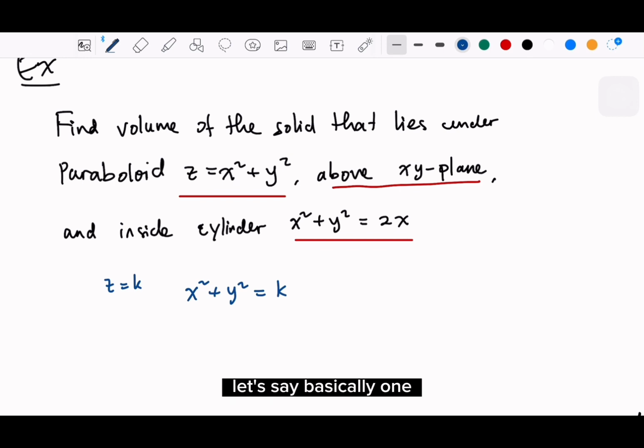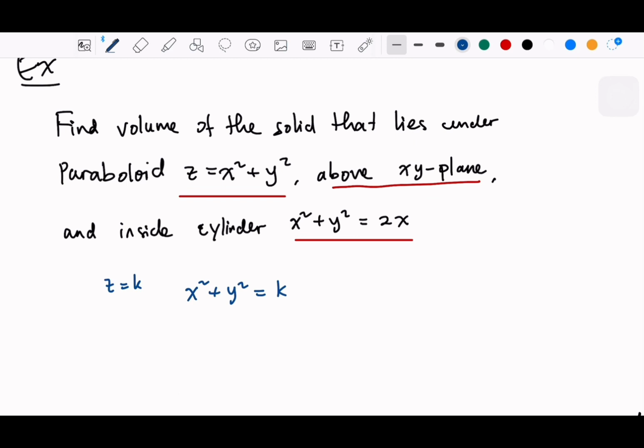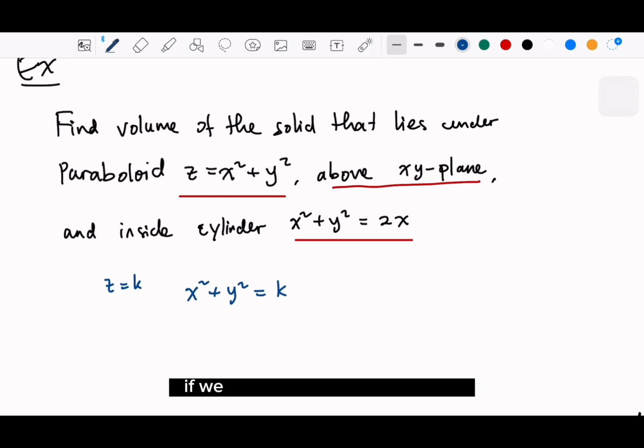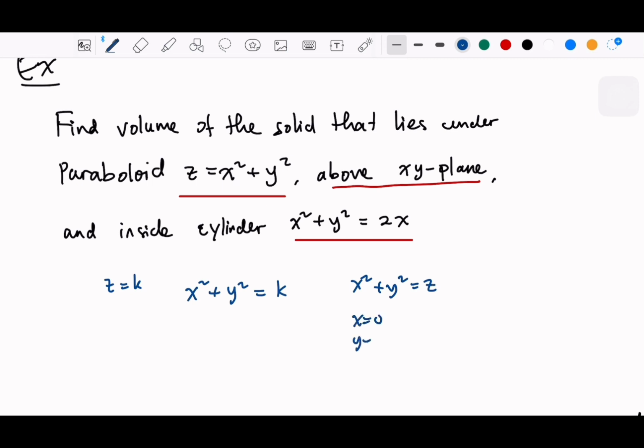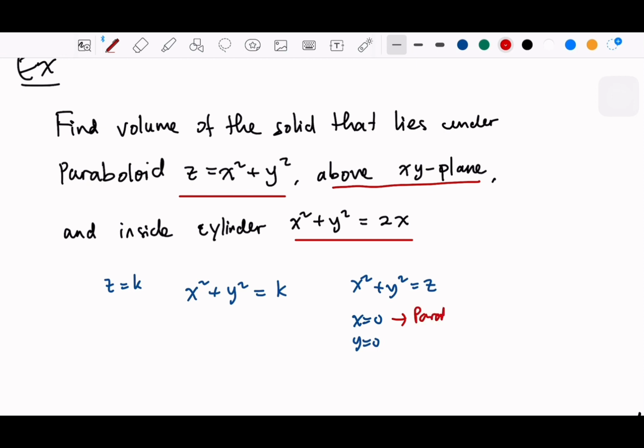Let's say k is equal to 1, so we have a circle with radius 1, and if k is increased, the radius increases, right? And then if we take x or y equal to 0, we are going to see a parabola, right? Parabola.